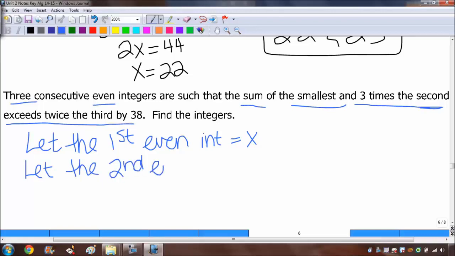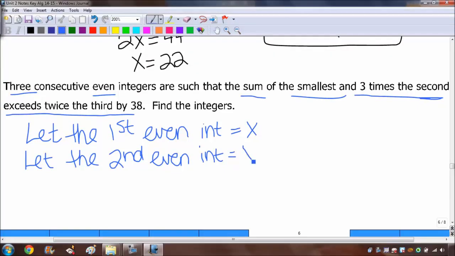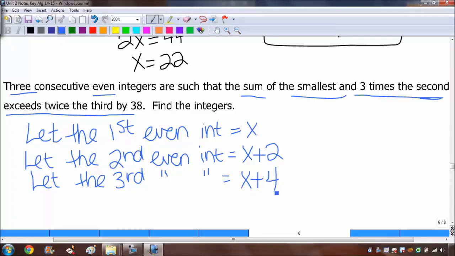Well, the second one is 2 larger than the original one because they are even integers. So I'm going to call this x plus 2. Okay, and then let the third even integer, I'm just putting hashtags just so I don't have to write it over again. That's totally fine if you do that as well, equal x plus 4.